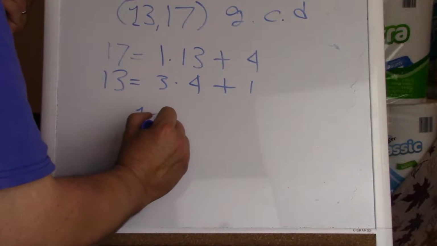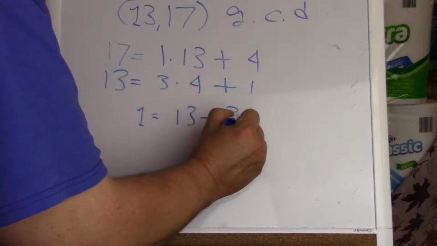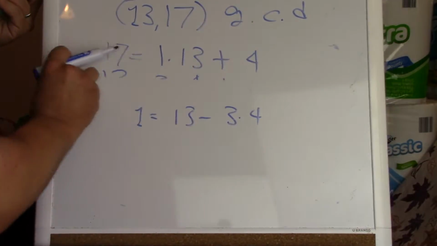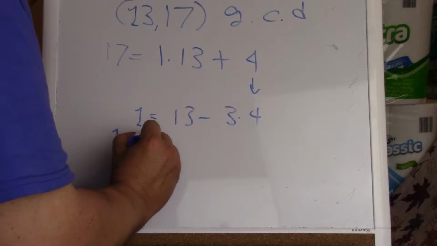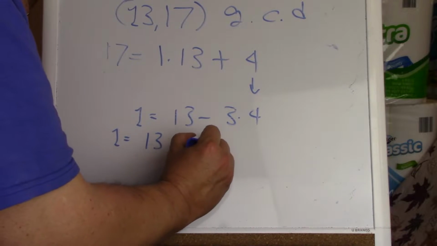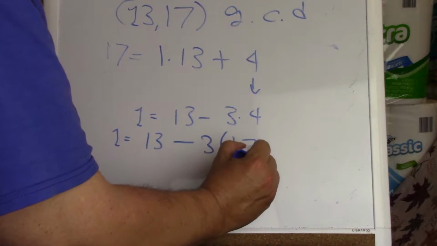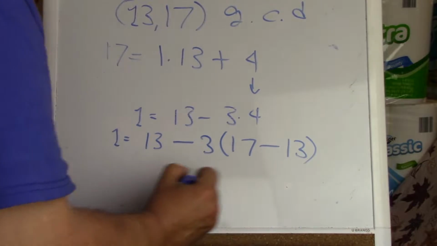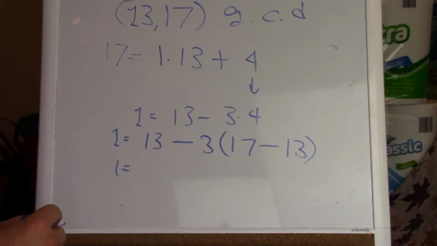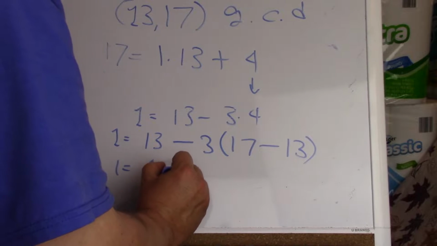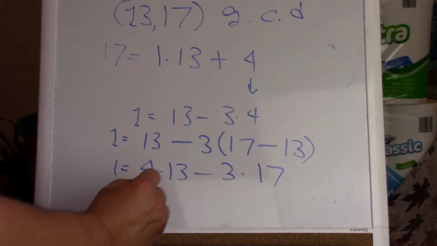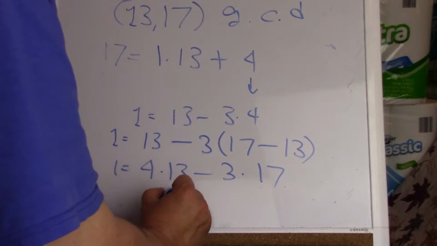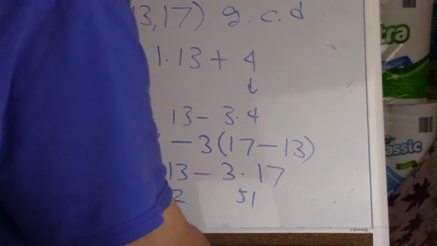Then if we invert the relationship and then substitute for 4, this is equal to 4 times 13 minus 3 times 17. This is 52 and this is 51, so that checks.